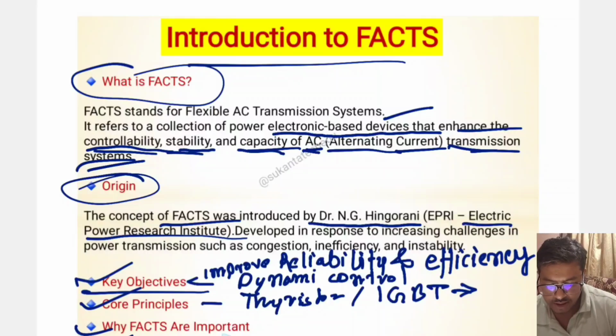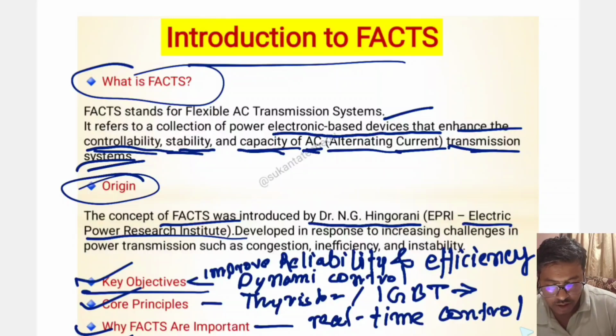So why is FACTS important? The traditional mechanical-based solutions are very slow and less precise. FACTS devices provide real-time control of transmission parameters, and support the evolution of smart grids and modern power systems. So that's why FACTS devices are important.